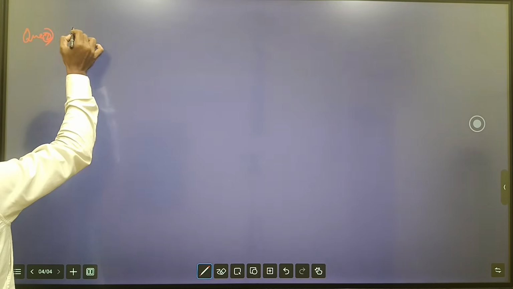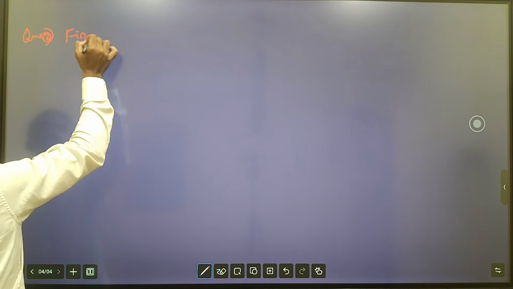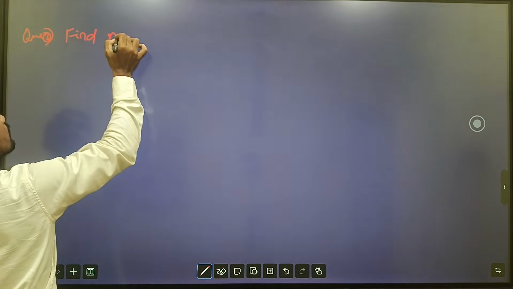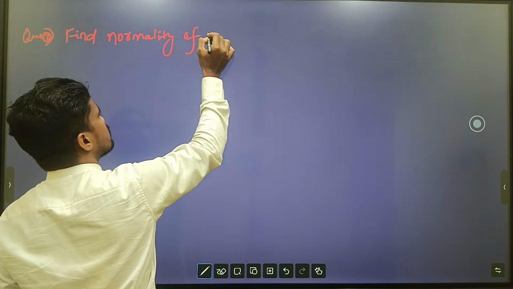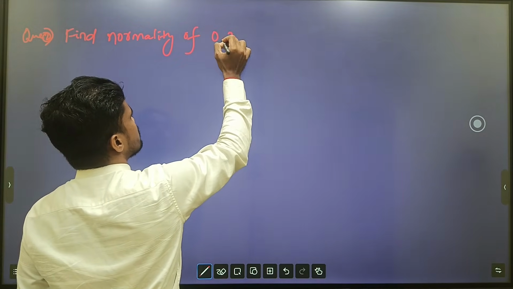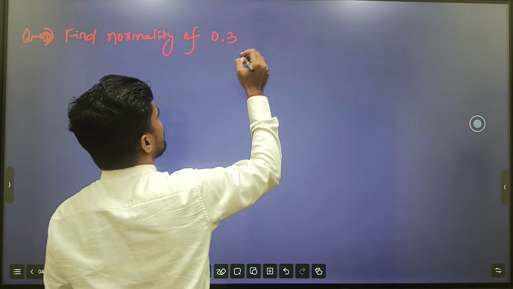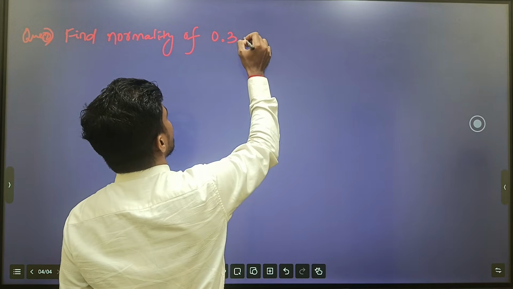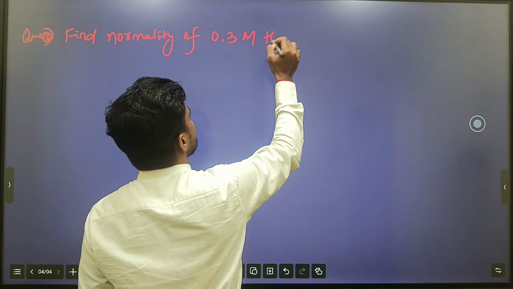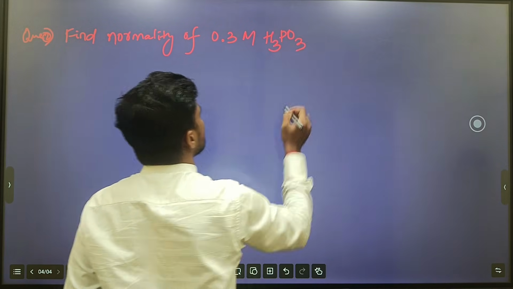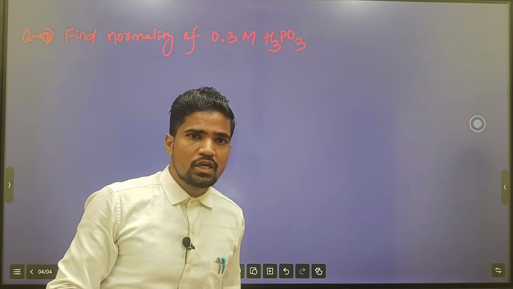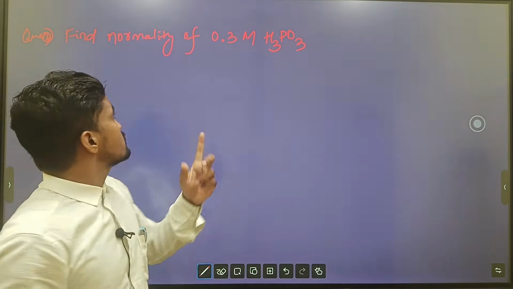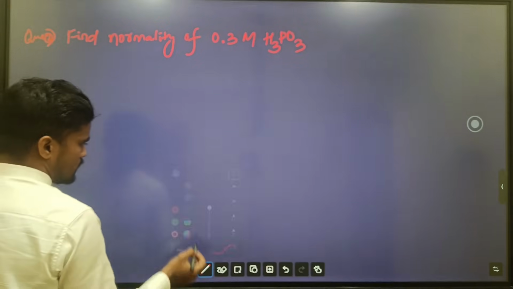Find the normality of 0.3 M H3PO3. So H3PO3 means what? Phosphorus acid. This is an acid. So in this case we have to check what we need here.